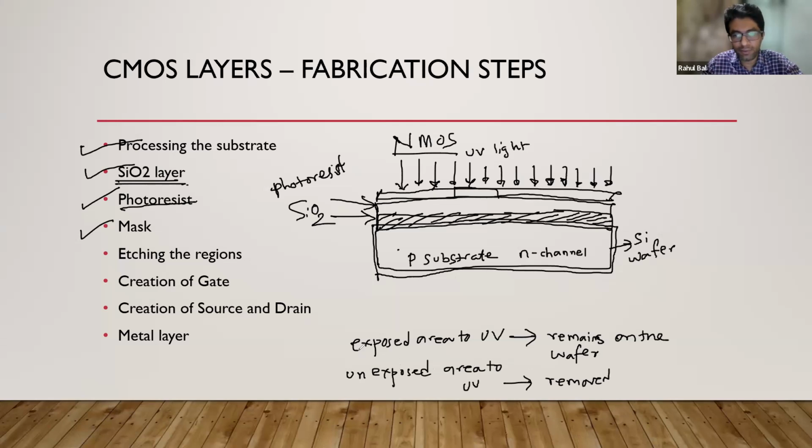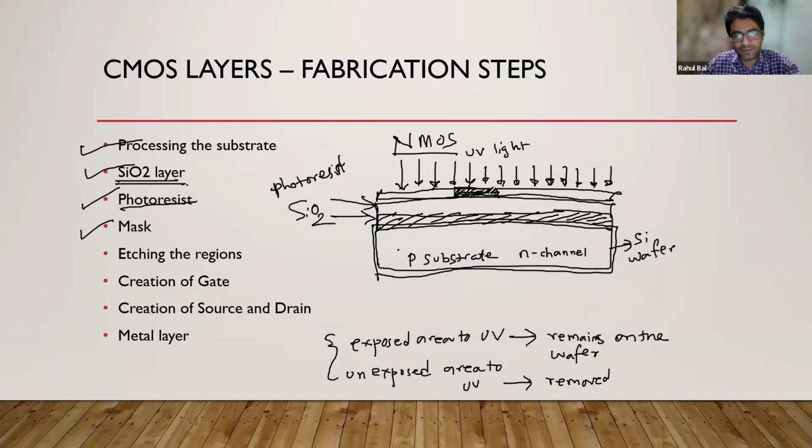This is an important point. Whatever area is exposed to UV light will remain on the wafer, and the unexposed area, suppose this area is unexposed, it is not exposed to UV light.